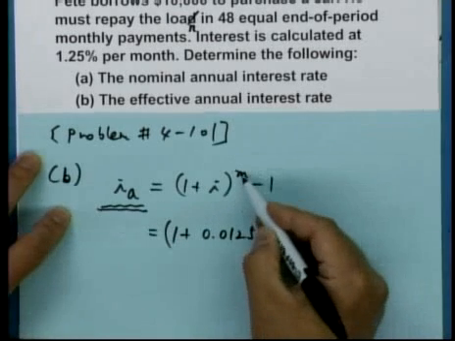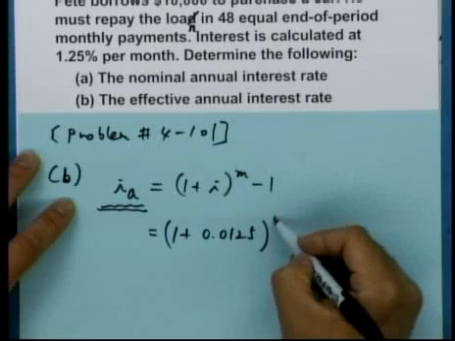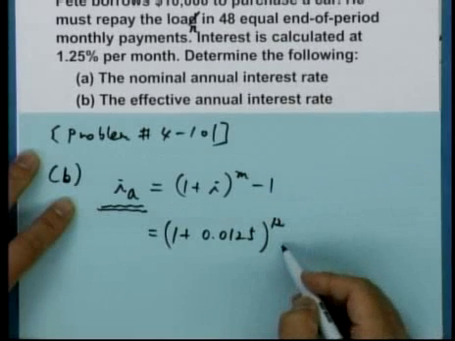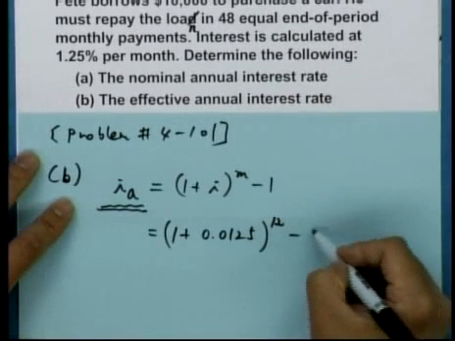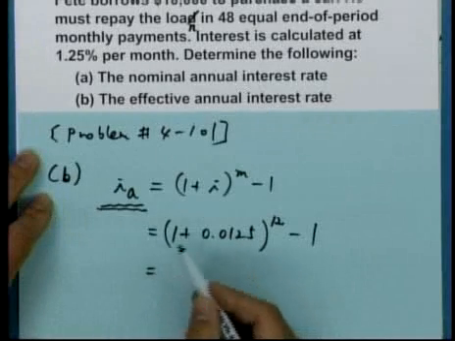To the power m. M is again 12 because there are 12 months in a year. Minus 1. So how much is that?